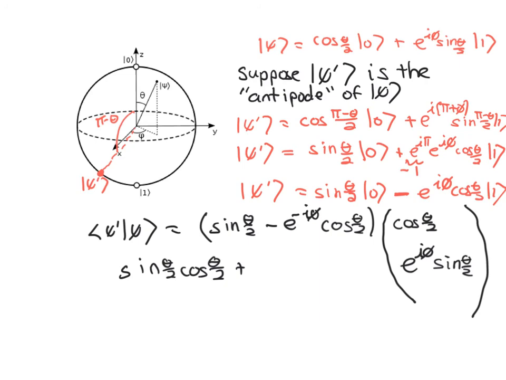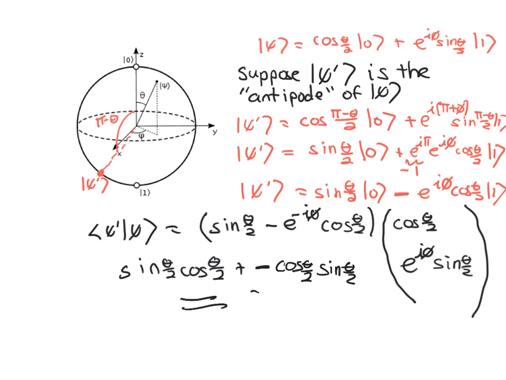So we're multiplying minus e to the minus i phi cosine theta over 2 times e to the i phi sine theta over 2. e to the minus i phi times e to the plus i phi just gives 1, and we're left with a negative sign here, and then it's cos theta over 2 times sine theta over 2.